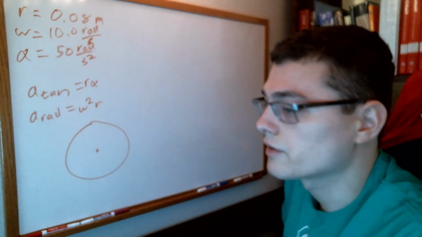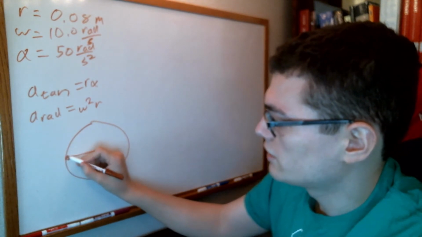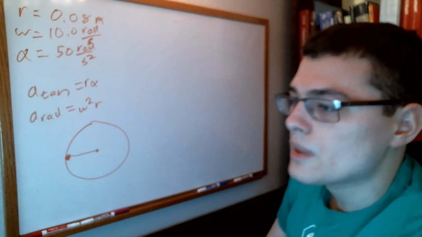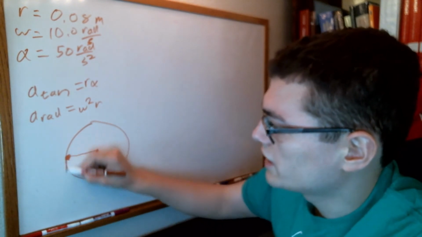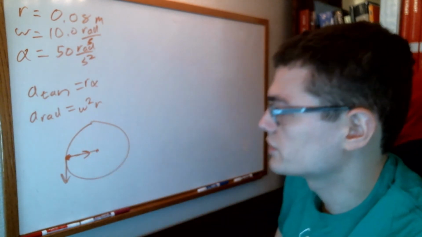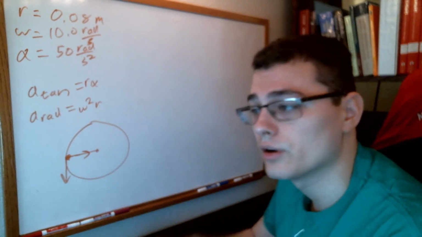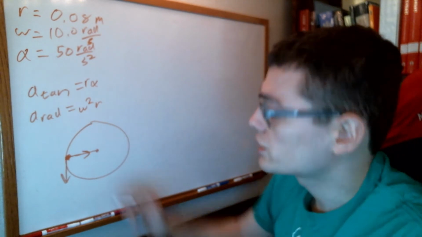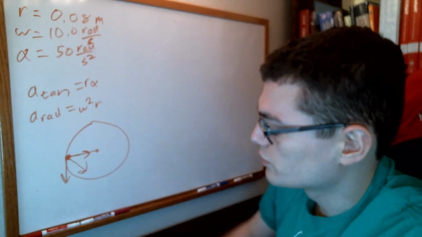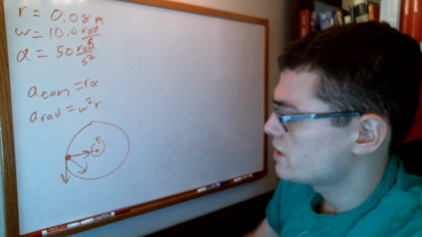This is the path that the discus takes, and this is the arm here, and this is the discus here. So at this point, a tangential is going to be in this direction, and a radial is going to be in this direction. These 2 vectors make right angles with each other, so we can use the Pythagorean theorem to find the actual acceleration vector, which will point somewhere in this direction, which makes sense because he's rotating like this.